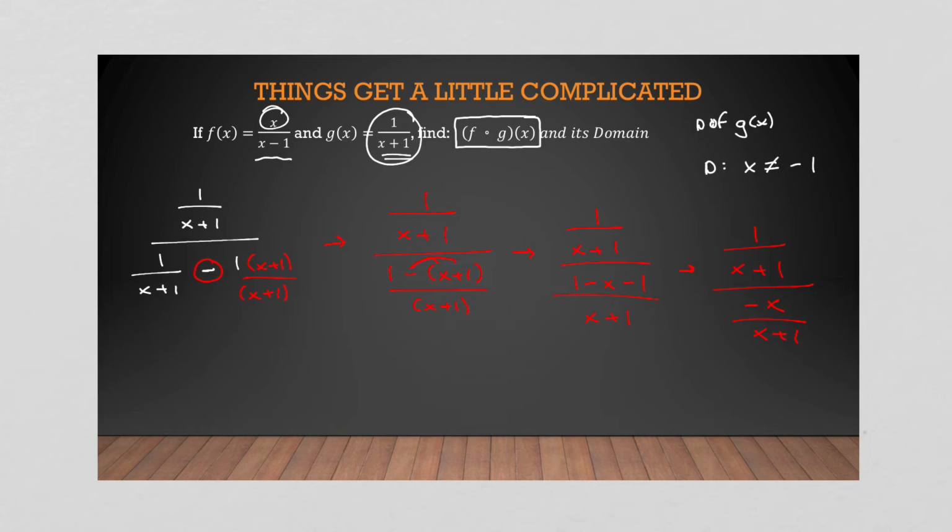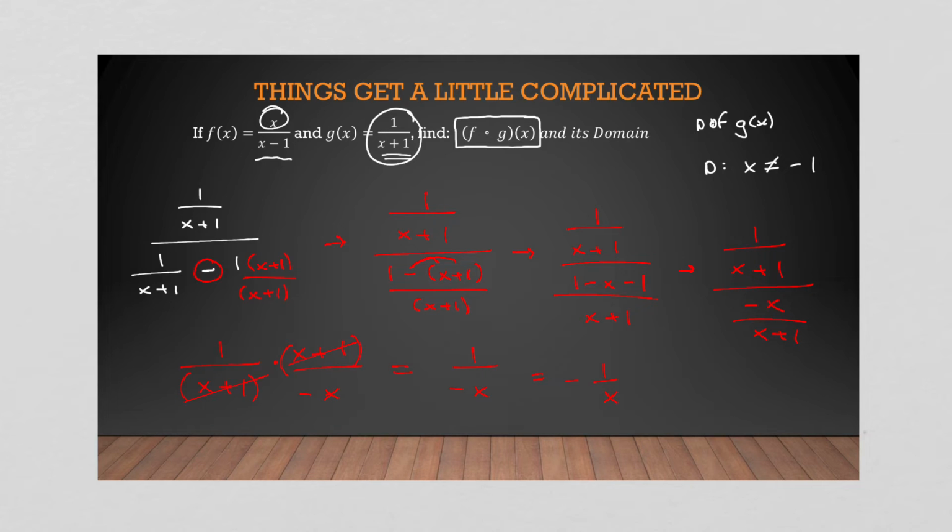So flip, multiply. So you end up with 1 over x plus 1 times x plus 1 over negative x. And now that will cancel with that, because you could put brackets around it, make it look like it's a thing, but they cancel out. And we just end up with 1 over negative x, which gives us negative 1 over x.